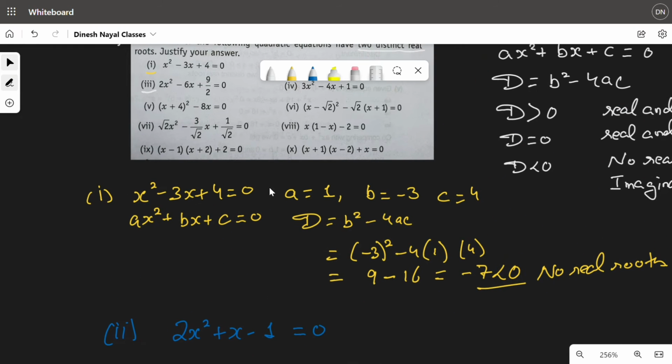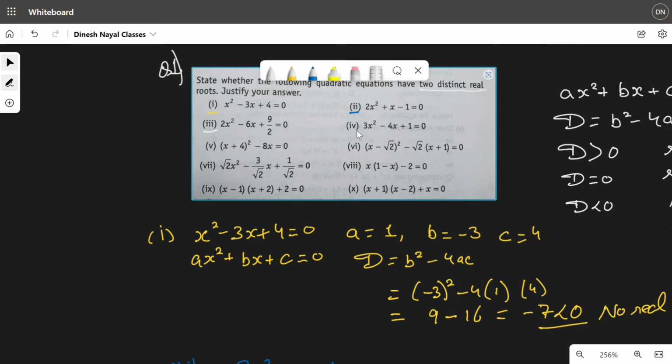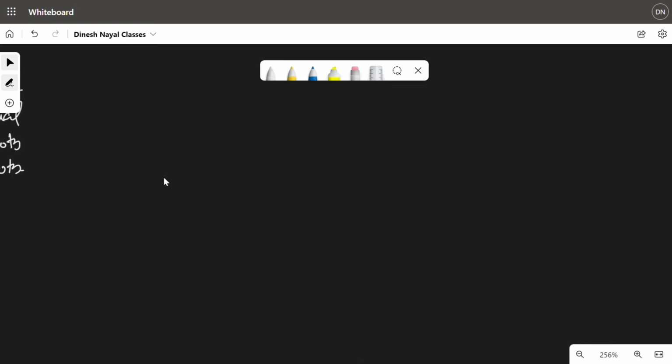Now coming on to our next question, which is the fourth part, 3x square minus 4x plus 1 equals 0. Now solving this. Let's write it over here, our fourth part of the first question is 3x square minus 4x plus 1 equals 0.